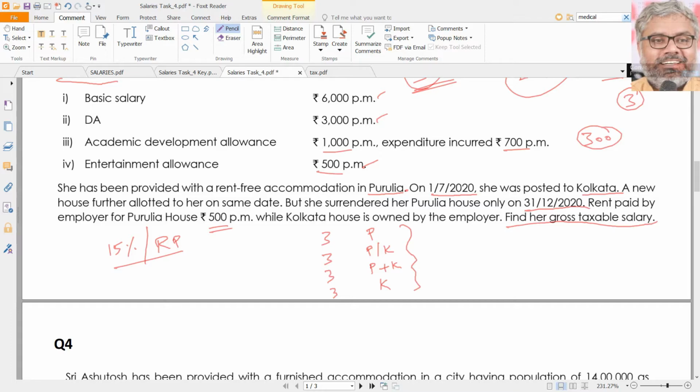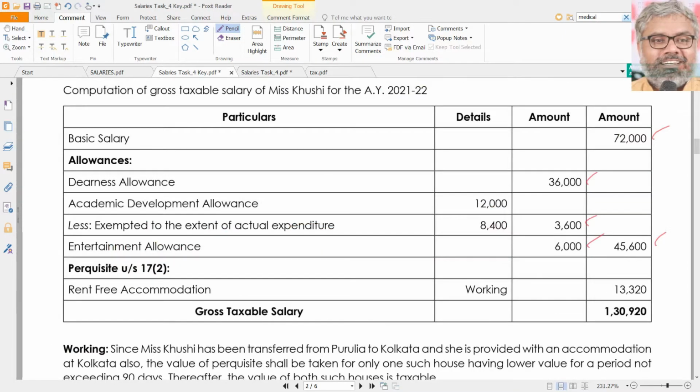So Purulia, whatever the city it is, all these things are irrelevant. 15% of salary or rent paid by the employer, whichever is lower, will be taken as the value of perquisite. Then the Kolkata house is owned by the employer. Kolkata once again is definitely going to have a population of more than 25 lakhs. So naturally, straight away, 15% of salary will be taken for the Kolkata house. So how to take the valuation of perquisite in this case?